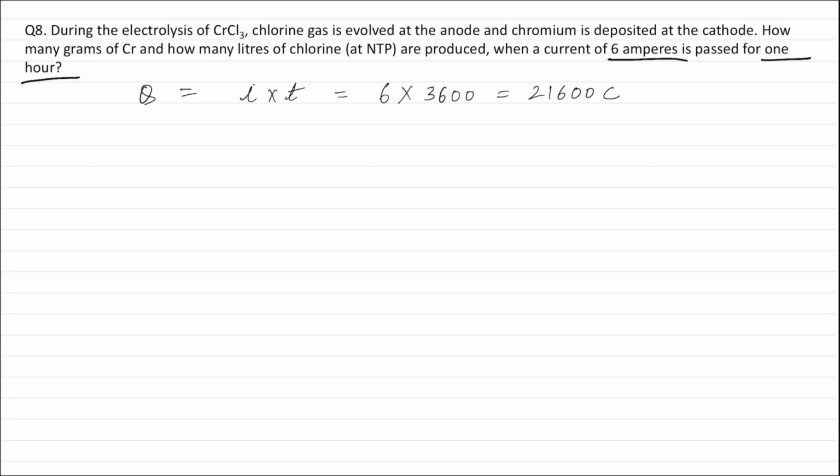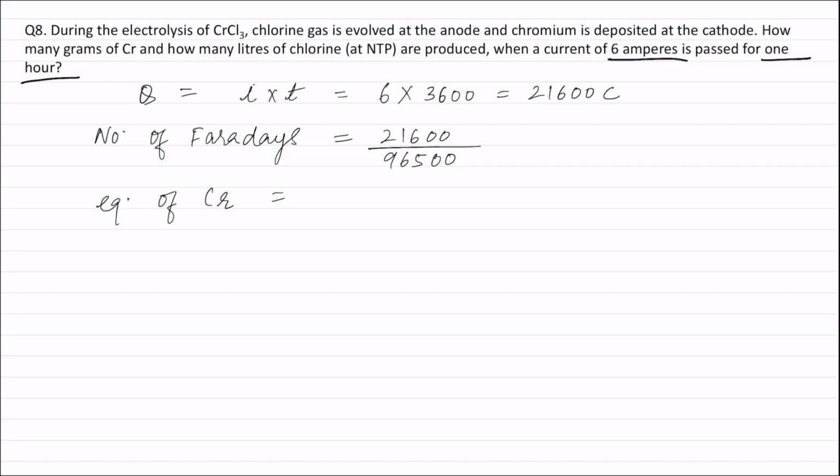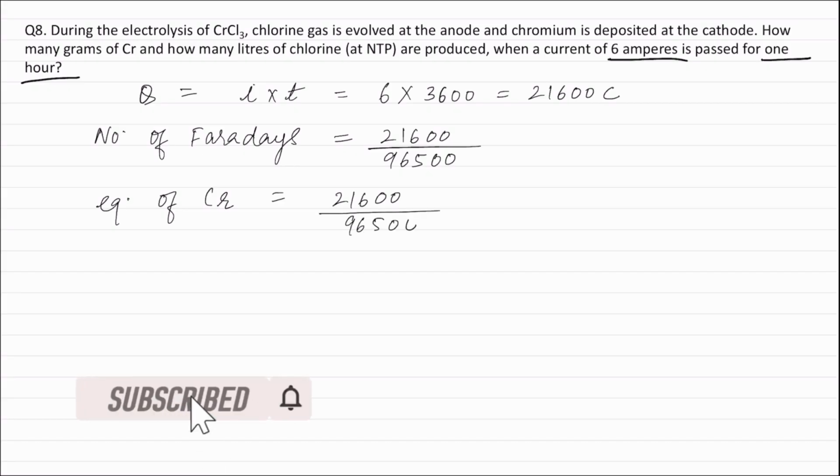21600 coulombs. Now, number of Faradays of electricity will be equal to charge, that is 21600 coulombs, divided by charge carried by 1 Faraday of electricity, that is 96500 coulombs. Now, equivalents of chromium will be equal to number of Faradays of electricity, which is equal to 21600 divided by 96500.